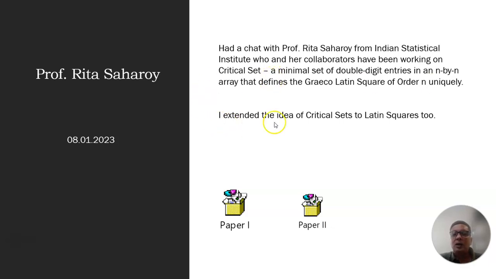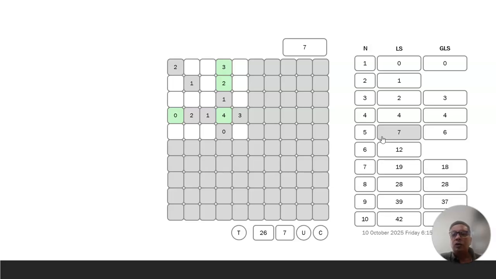I extended the idea of the critical set to Latin squares also. So this is my study of the size of the critical set, the minimum size of the critical sets, and these are the numbers I got: 1, 2, 4, 7, 12, 19, 28, 39, 42 for Latin squares. And for Greco-Latin squares, there is no entry for 2 or 6 because Greco-Latin squares of order 2 and order 6 do not exist.